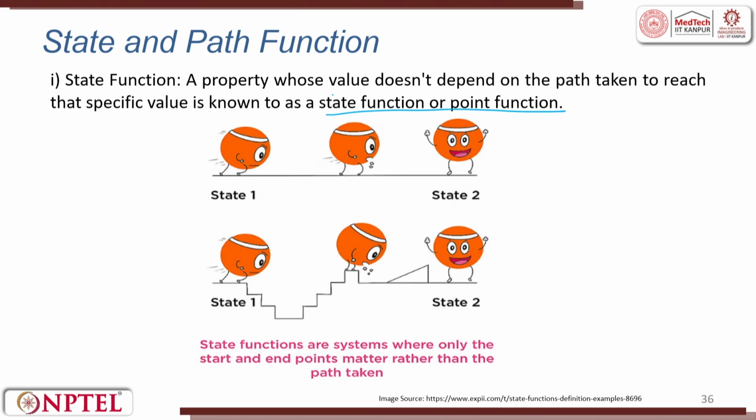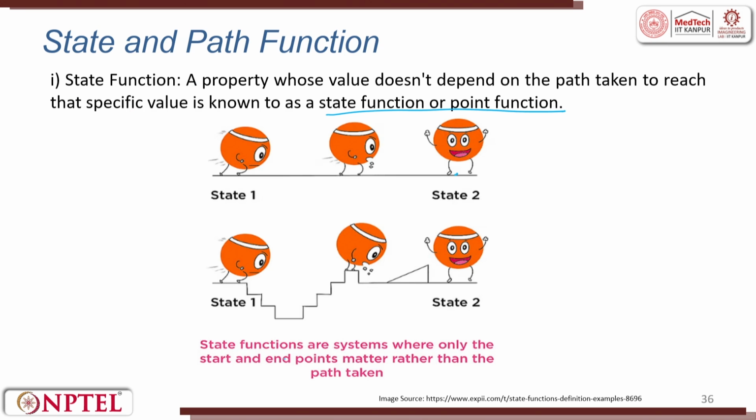So it can go through stages like this, it can go through a staircase effect like this, it can go up and down, it can lose energy, but finally it is called a state function.